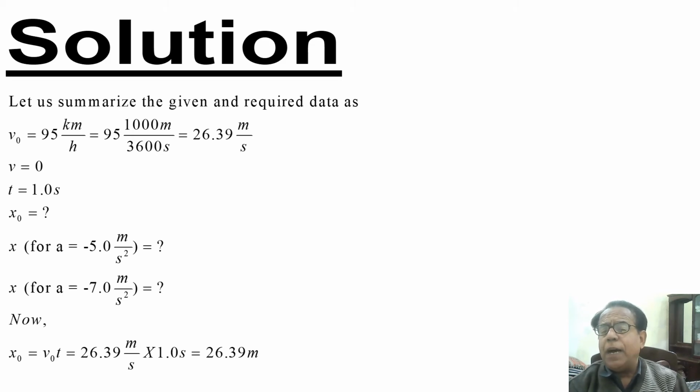When we solve for a equal to minus 5.0 meter per second square, it will cover part A of our problem. When we consider a equal to minus 7.0 meter per second square, it will cover part B of our problem.